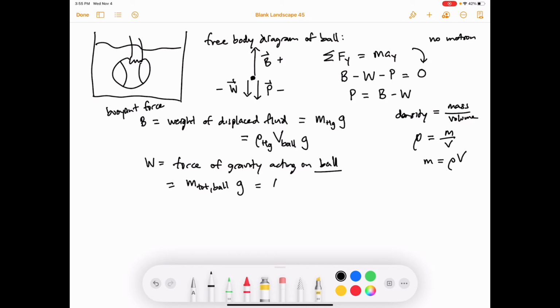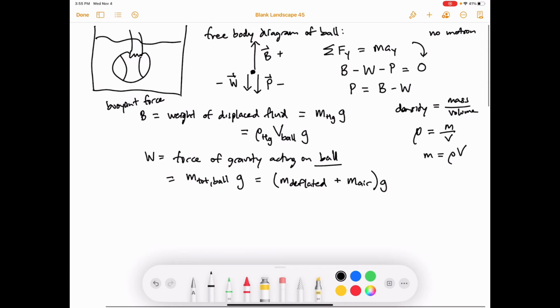Because we have the mass of the deflated ball, with no air in it, plus the mass of the air. That would be the total mass of the ball. We have to take the mass of the deflated ball, just the rubber, plus the mass of the air that's inside, and then we multiply by g, and that's the weight of the ball.